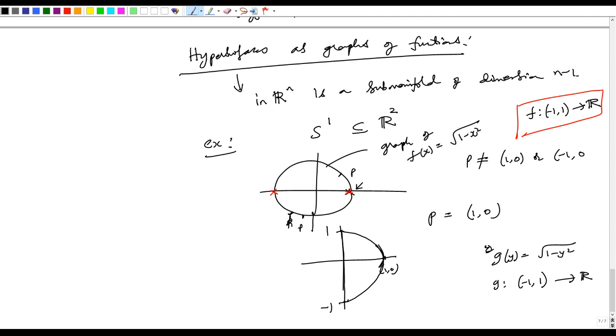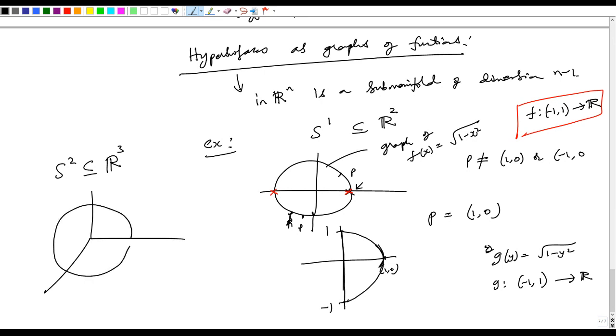Likewise for S2, which is what Sushma Rani has asked about, S2 in R3. Let's draw a picture here. Again I have the equator. Anything in the strict upper hemisphere, I can look at the function.